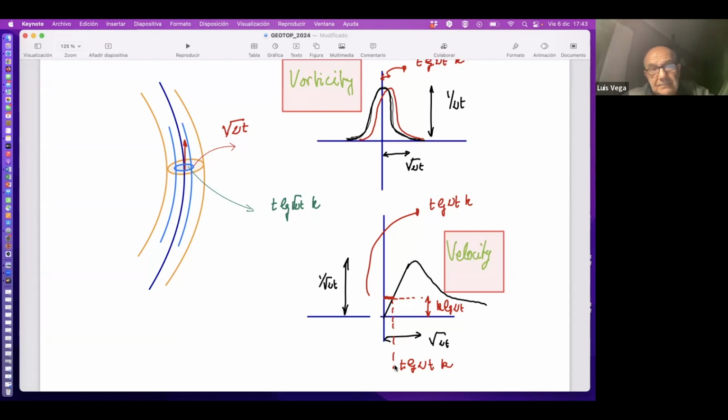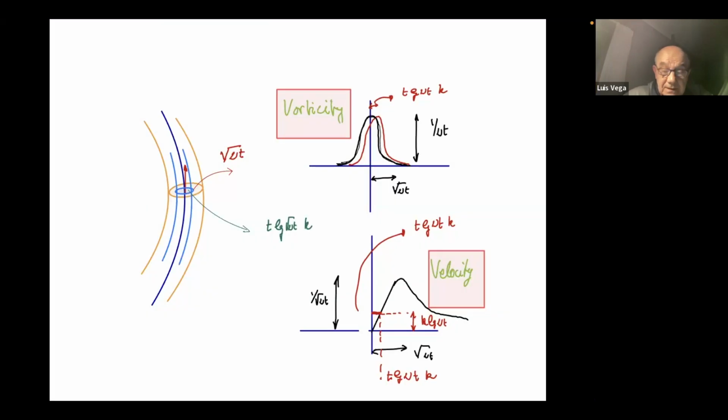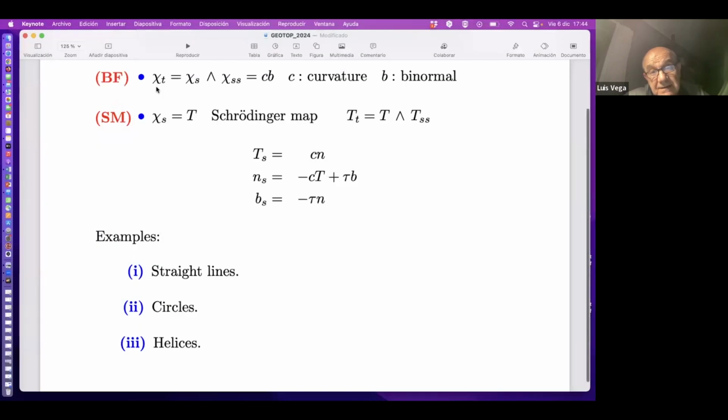Okay, so let me continue with a few words about the binormal flow. I already introduced it, and there is something very relevant regarding the binormal flow, which is that the tangent vector satisfies a very well-known equation, which is called the Schrödinger map equation. In fact, if you differentiate with respect to S here, then this term gives you 0.